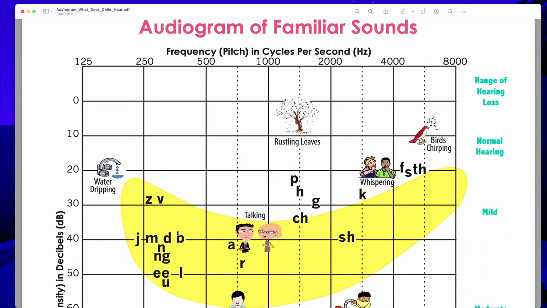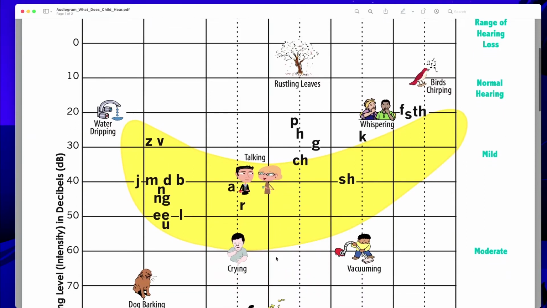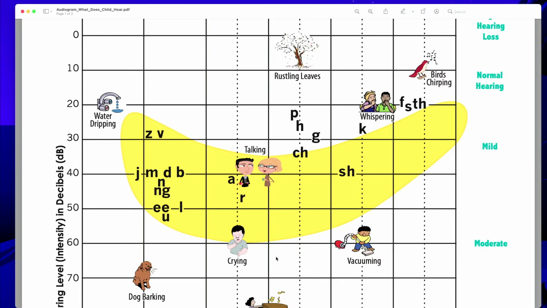In this sort of banana-shaped area is what's considered language. This is the primary language area. And you see the different consonants and sounds: the NG sound, the E sound, the R and the A, the CH sounds, and H and G and K's, F, S, and TH.